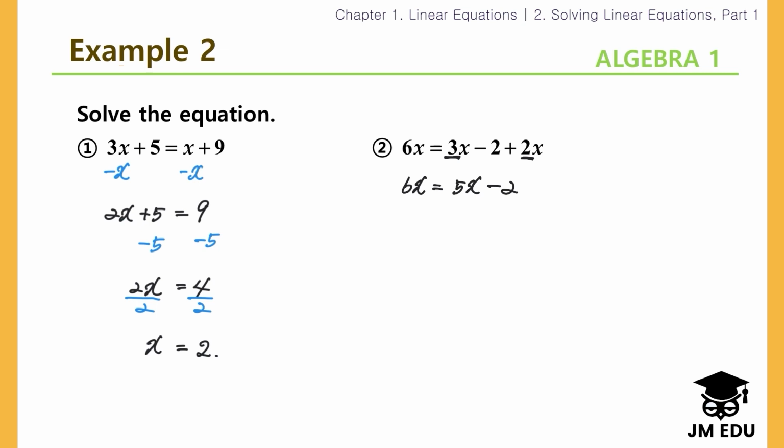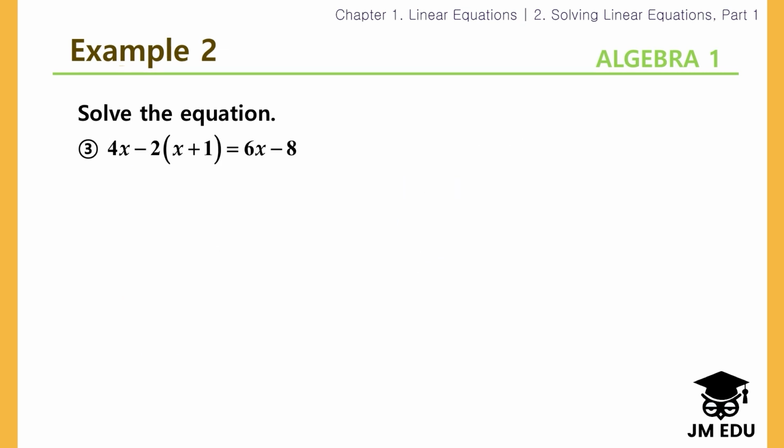Now eliminate 5x on the right-hand side. So we're going to subtract 5x from each side. 6 minus 5, that's 1x. x is equal to 5x minus 5x, that's 0. So what we have left on the right-hand side is minus 2.